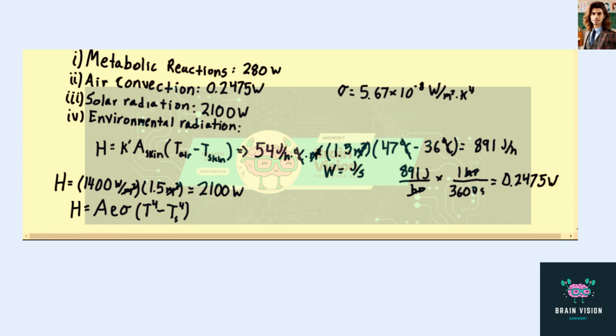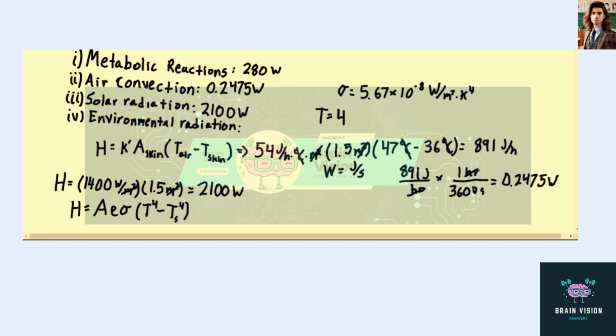Notice that in the denominator of this expression, we have kelvins for the units of temperature. So we'll still be using 47 degrees Celsius for T and 36 degrees Celsius for T sub S, but we're going to need to convert them to kelvins for use in that expression.